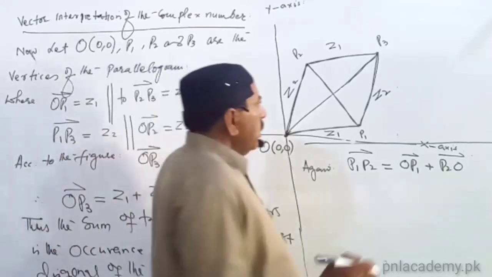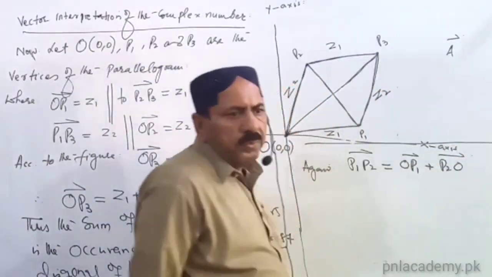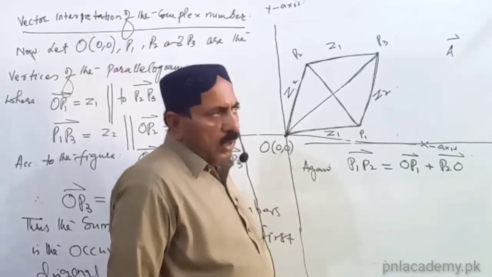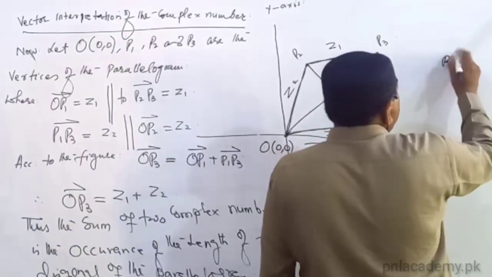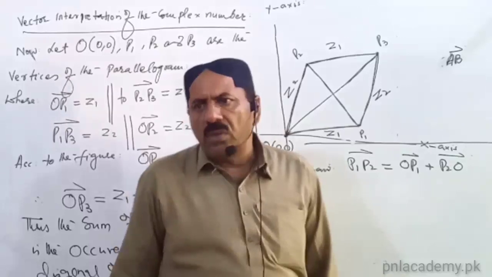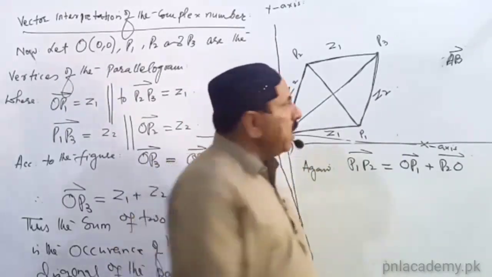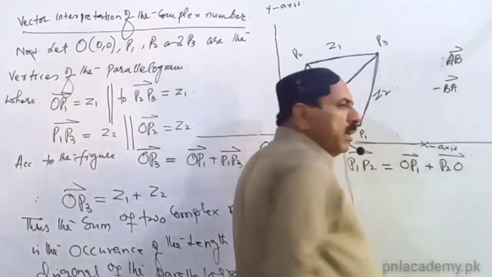You also know that if AB is positive according to the vector condition, then BA should be negative.